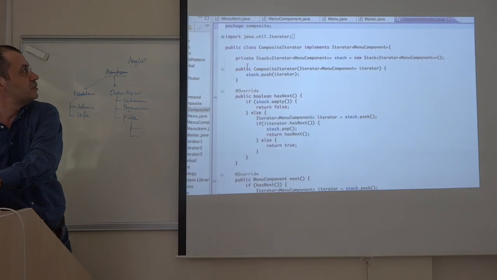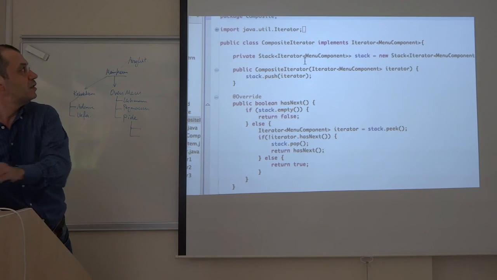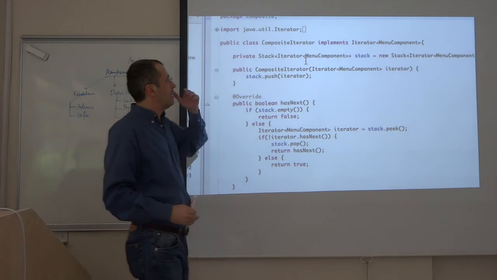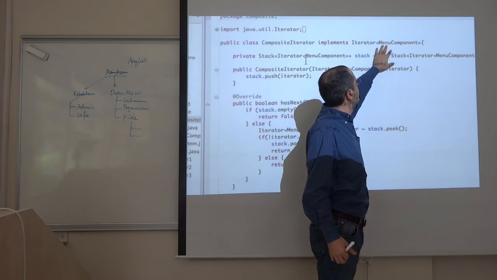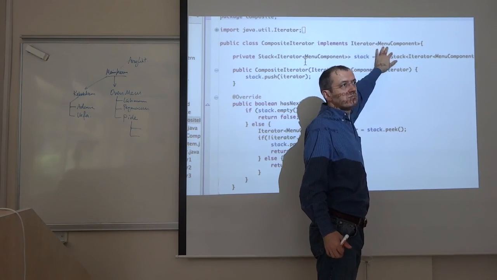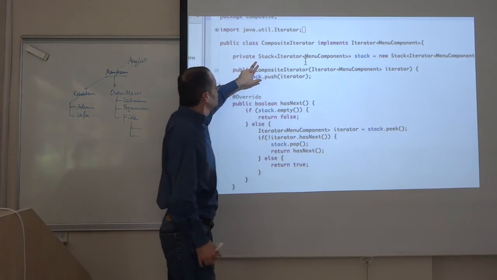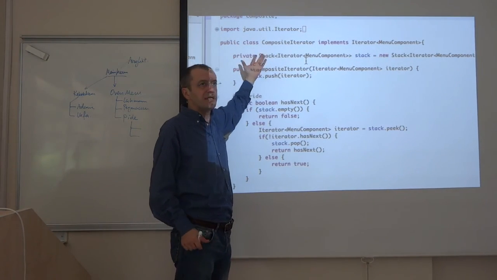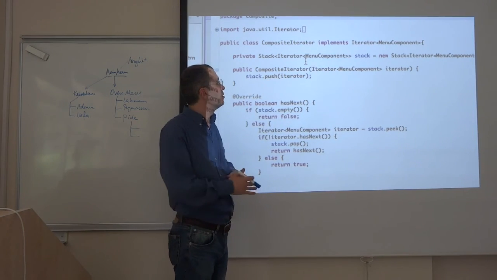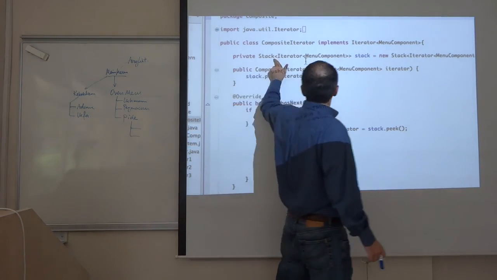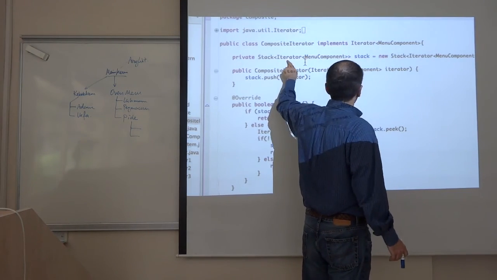I zoom in. Well, what I'm saying is that this is my composite iterator, which implements iterator with many components. I have a stack. Java has this stack collection in it. So this is a stack of many component iterators.